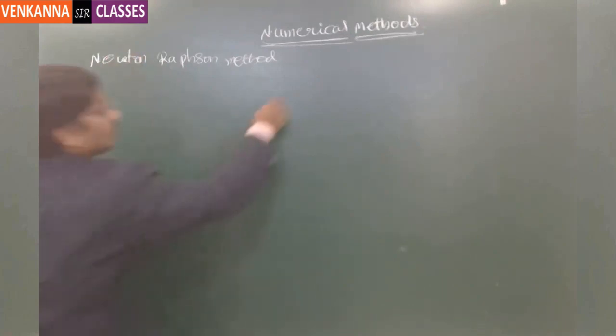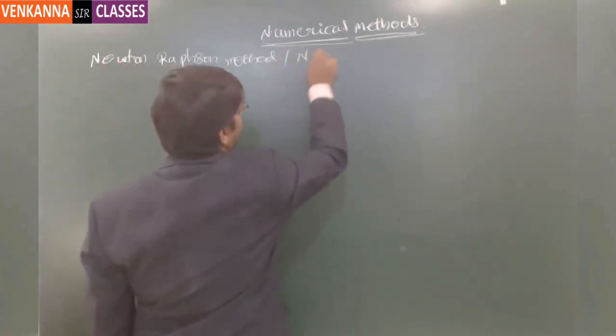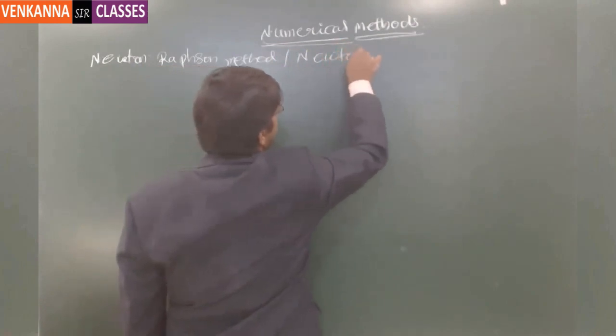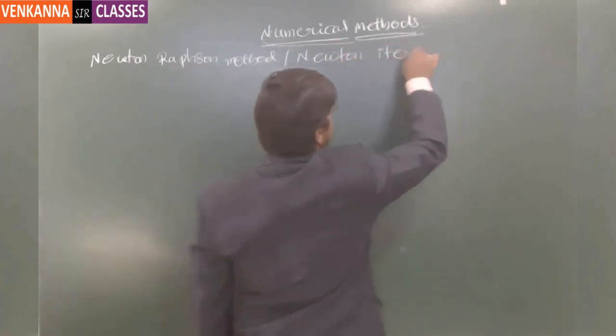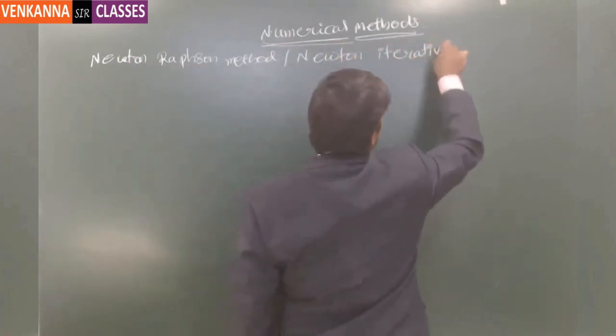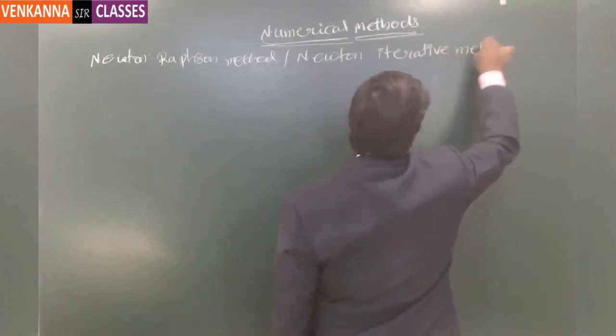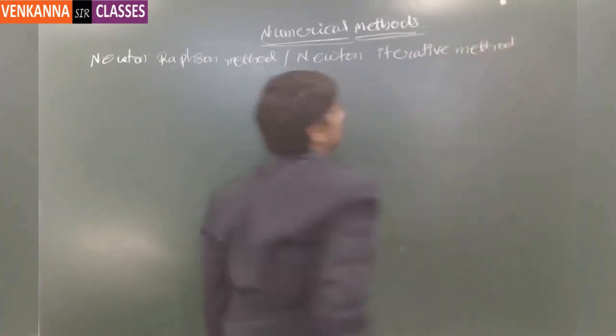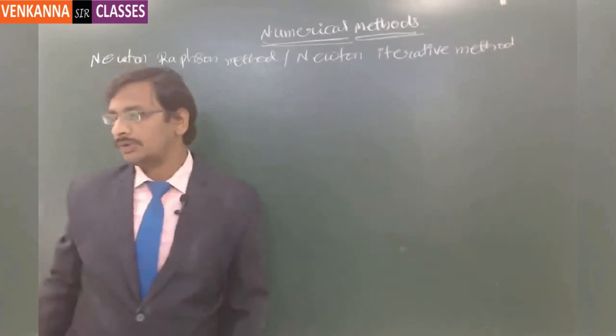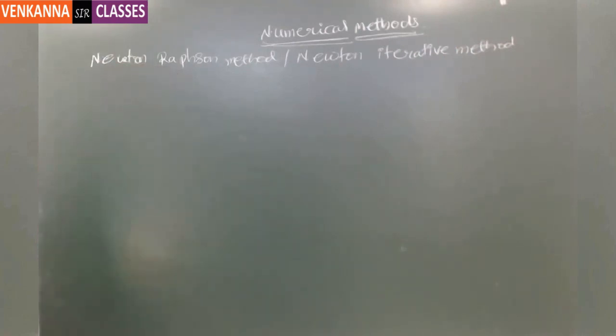So this is also called the Newton iterative method. So this is the thing actually what we are going to discuss. In this, the convergence is very fast. That is the most advantage of this Newton-Raphson method.